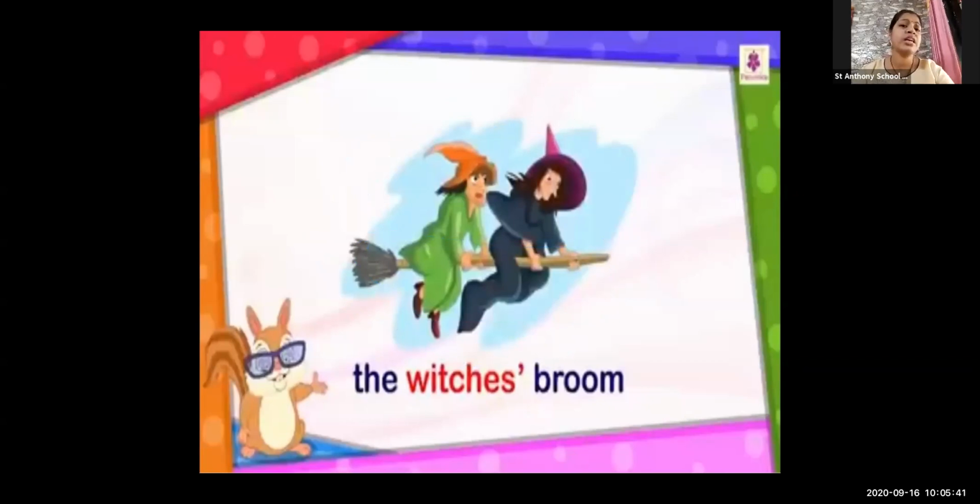There are two witches over there. So here the noun itself is singular, the thing or object we are talking about is singular, but the ownership is of two. It is shared between the two witches. It belongs to the two witches.